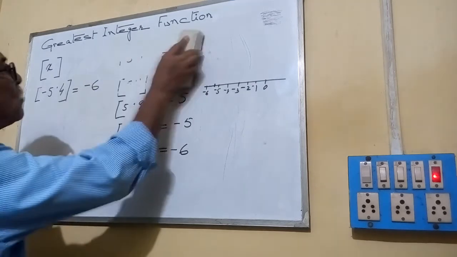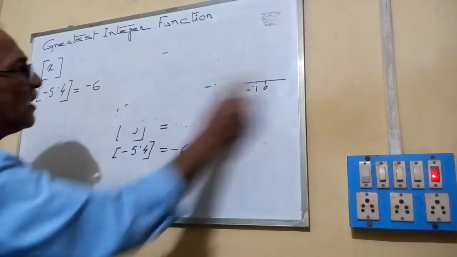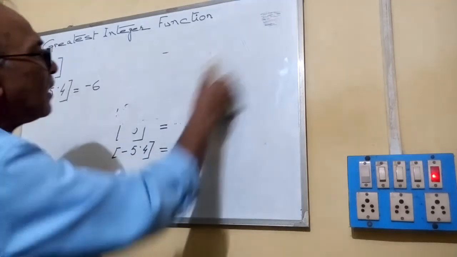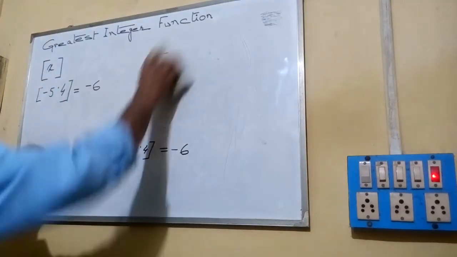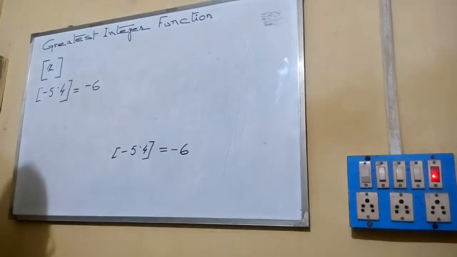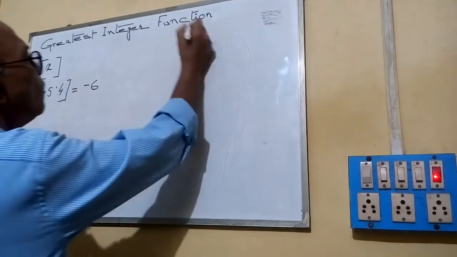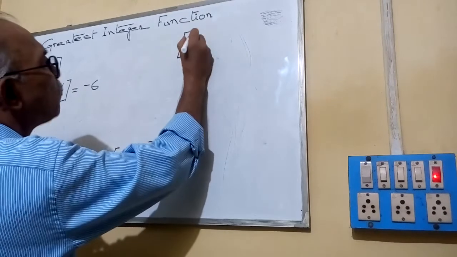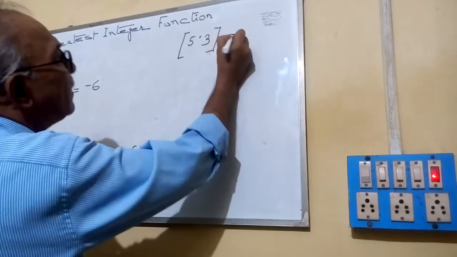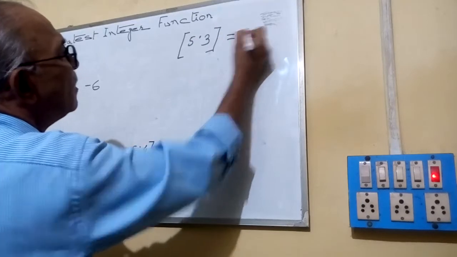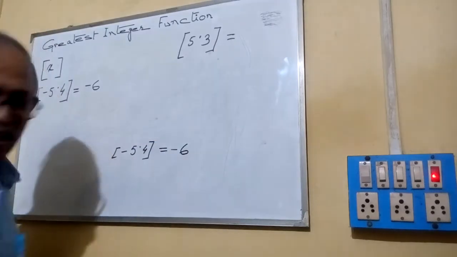Now we will discuss one more function. Actually in a number there are two parts. One part we call the integral part, the other part is called the decimal part. Suppose 5.3, here the decimal part is 0.3.